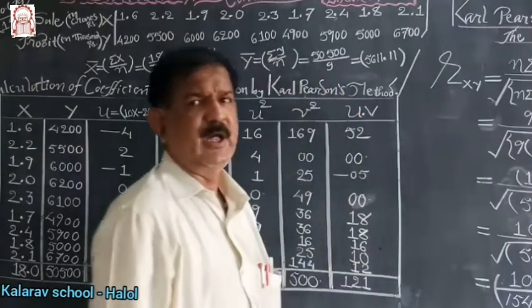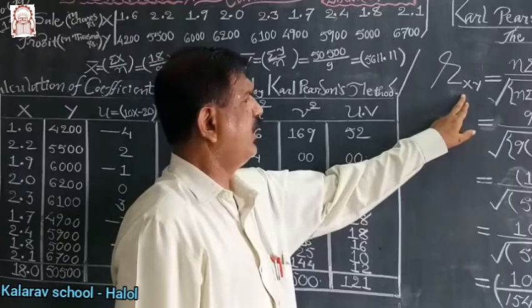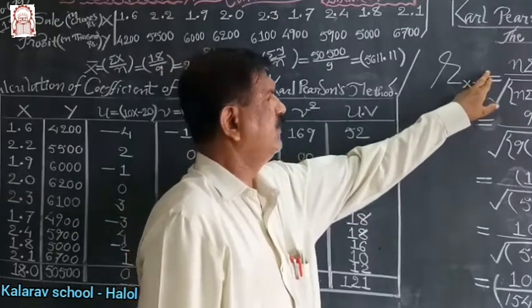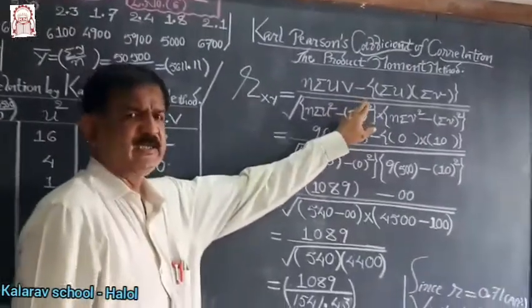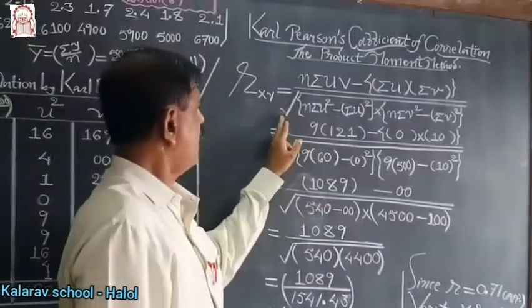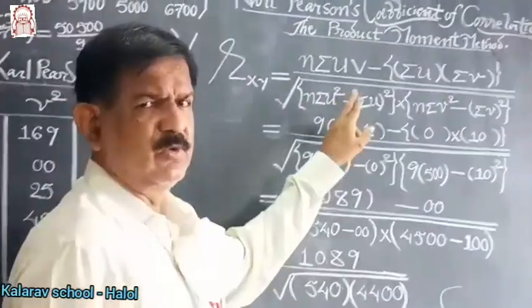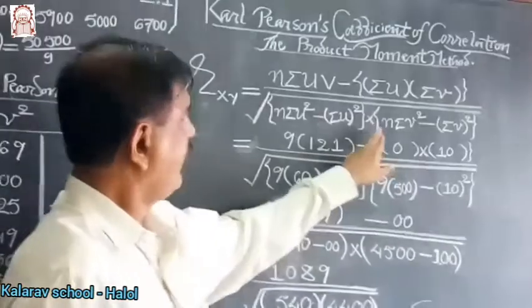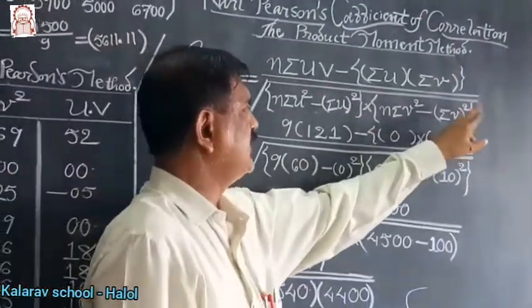R is given by rxy equal to n times sigma u into v minus, inside the bracket, sigma u into sigma v, upon square root of n times sigma u square minus sigma u whole square, into another bracket, n times sigma v square minus sigma v whole square, bracket complete.